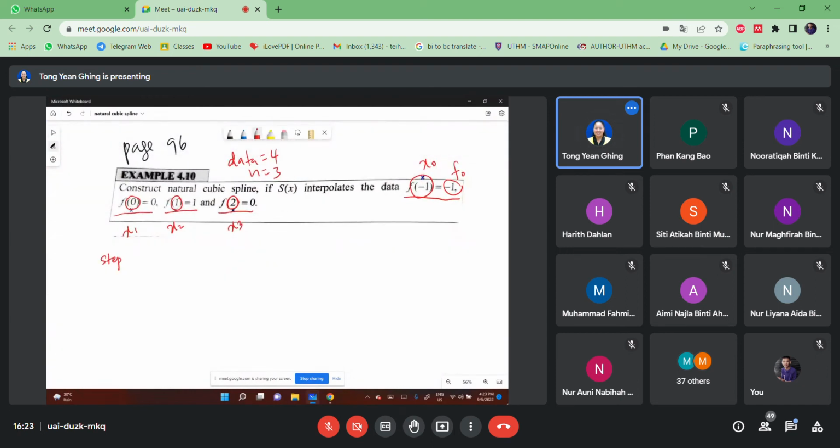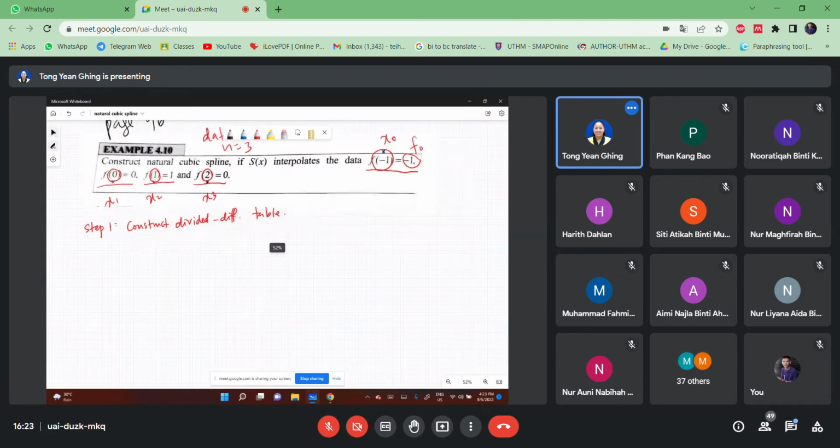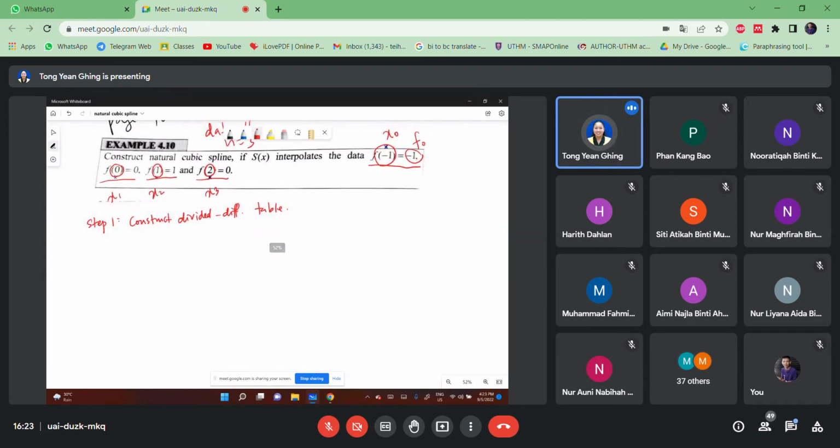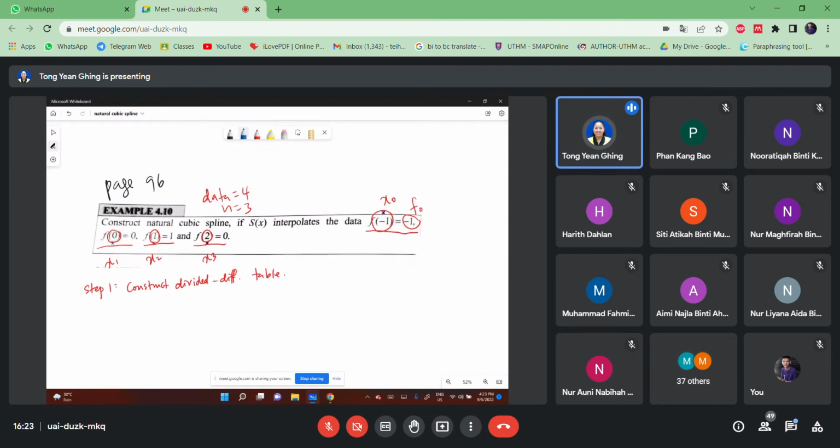Step 1. Construct divided difference table. So the table is like this. We have to find the hk, dk, and bk. As I draw, let me write back the formula. I think better I write back the formula.